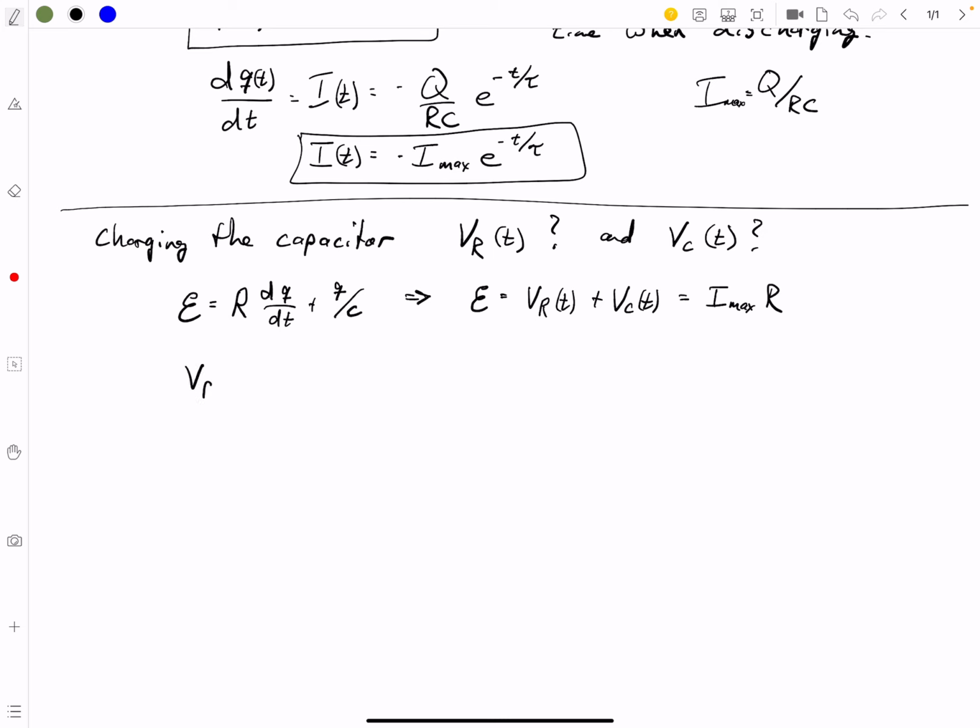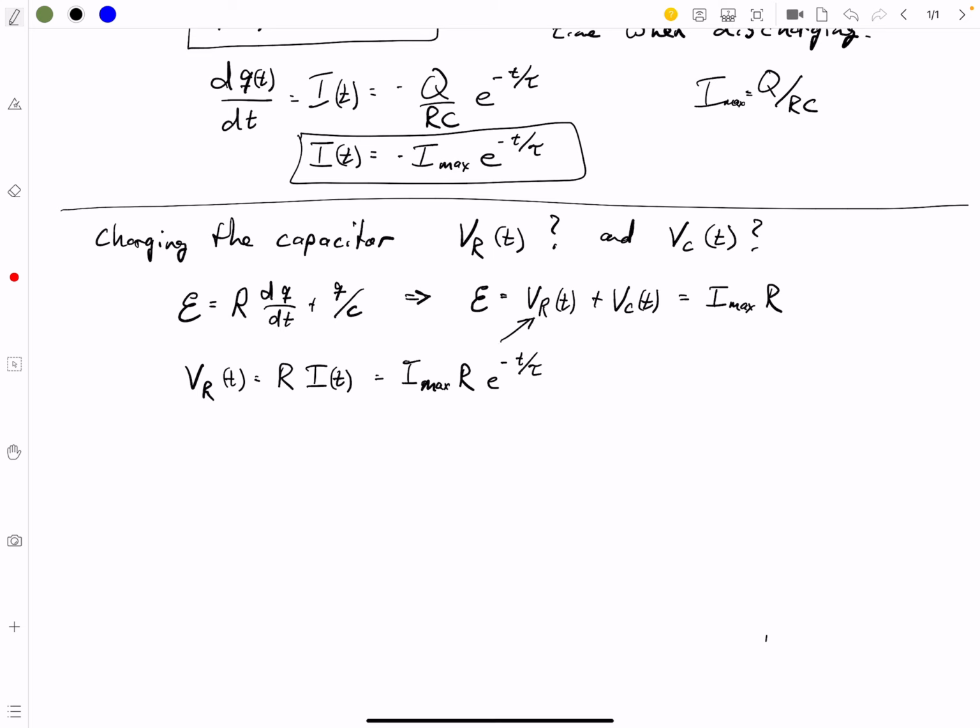V of R is easy because, again, Ohm's law. So VR of t is equal to our R times I of t. We just do I max times R and e to the minus t over tau. So simple.